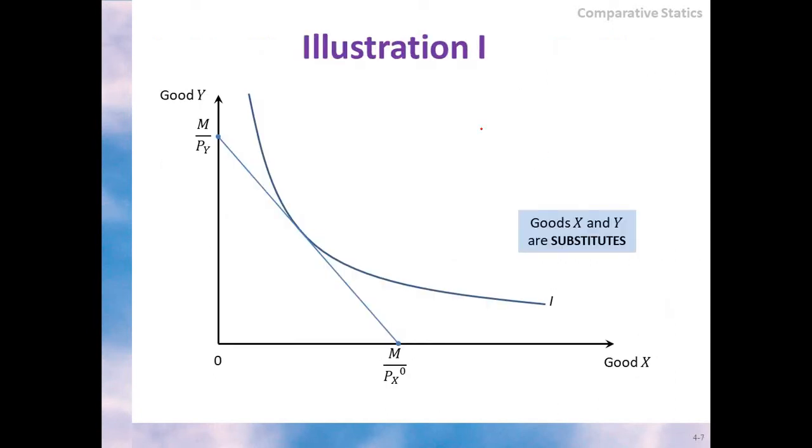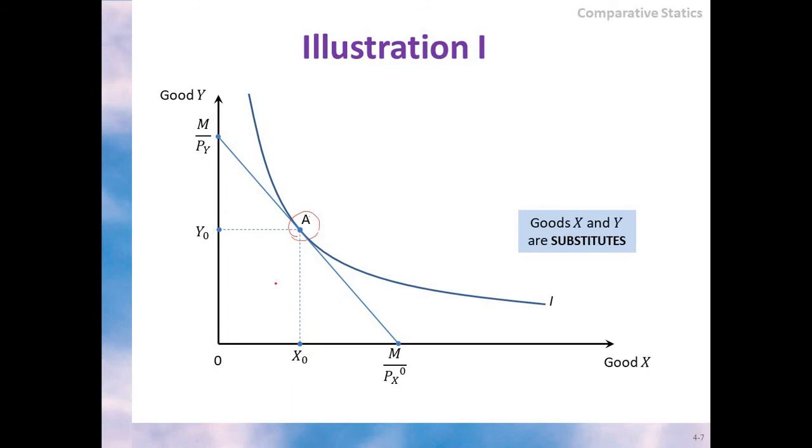So if we look into this first illustration, in this case good X and good Y are substitutes. Let's say we have this budget line and we have this indifference curve. Let's say this is our bundle A, and at bundle A this consumer has Y0 and X0.